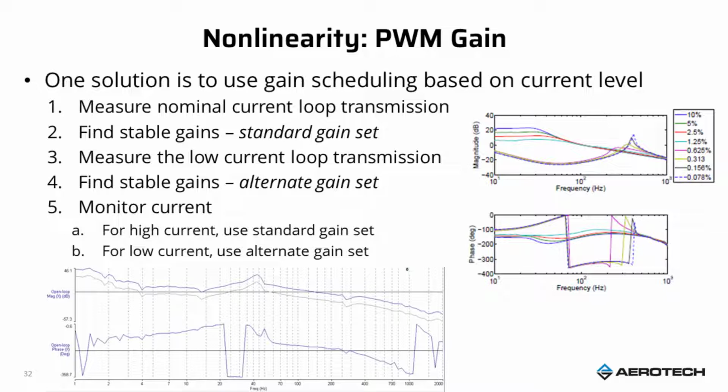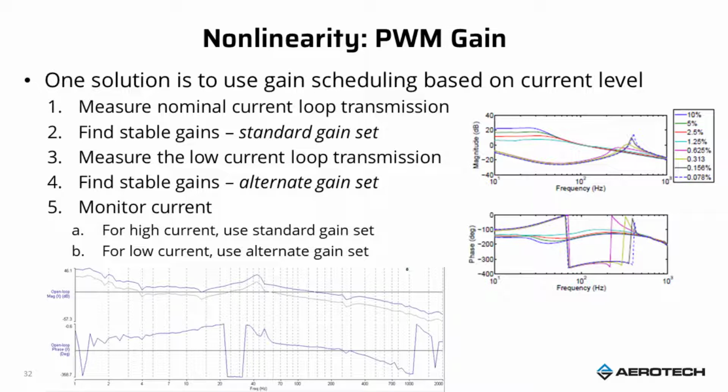So what can I do about that? Well, here's one thing you could do about it. You could measure the nominal current loop transmission and then get your standard gain set, and then do another measurement at very low currents and find a different gain set for the system, and then just use a little bit of gain scheduling to monitor the current level in the amplifier, and then when you get below some threshold, change the gain set of your system to help pull the system in more quickly.